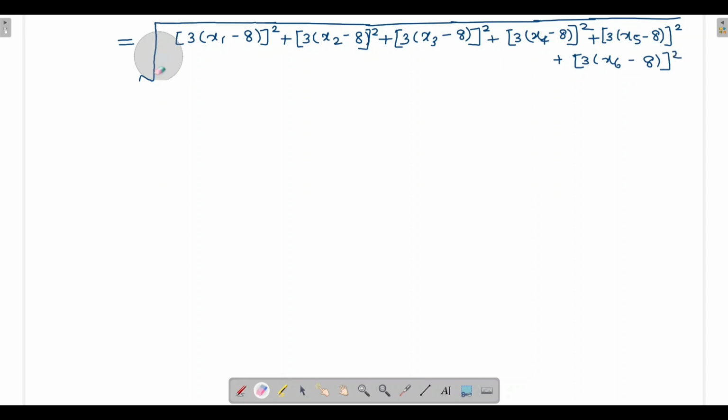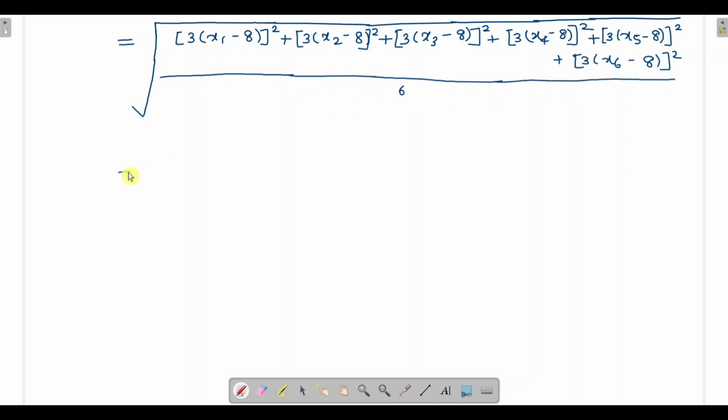Let us just make the root a little bigger here, and this is divided by 6.